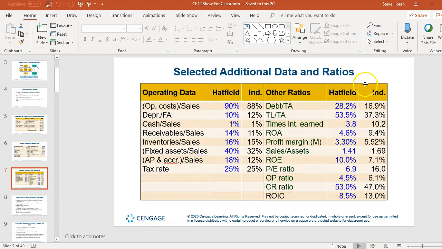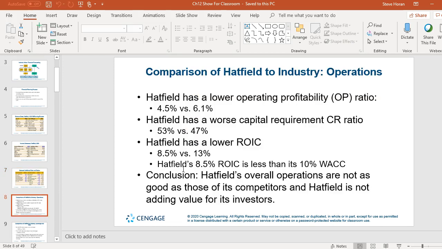And just some ratios for Hatfield versus the industry. The blue is Hatfield, the black is the industry. You can see what those are right here. Some are better than industry, some are not as good, kind of a mixed bag, but they're doing okay, I think it's fair to say. As we compare Hatfield and the industry, they have a lower operating profit, a worse capital requirement ratio, and a lower return on invested capital.